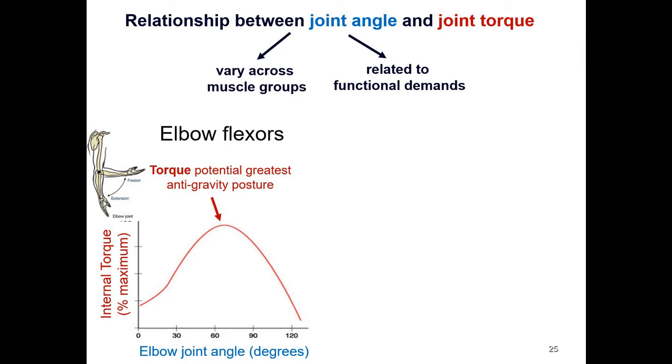In other words, in the posture where the external force on the limb is likely to be at its greatest, we see the involved muscles having their greatest potential to create internal forces to balance the external forces imposed by gravitational forces.